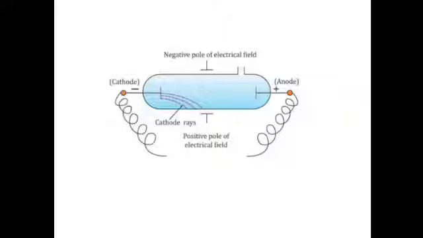And then the properties of the electrons that I had discussed, that is, an electron has a definite mass and a definite charge, that is, charge on one electron is minus 1.6 into 10 to the power of minus 19 coulomb.